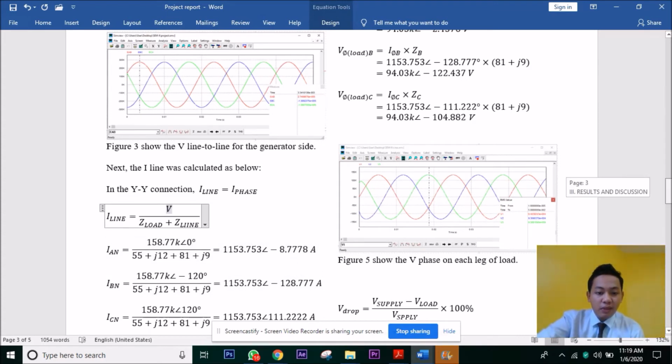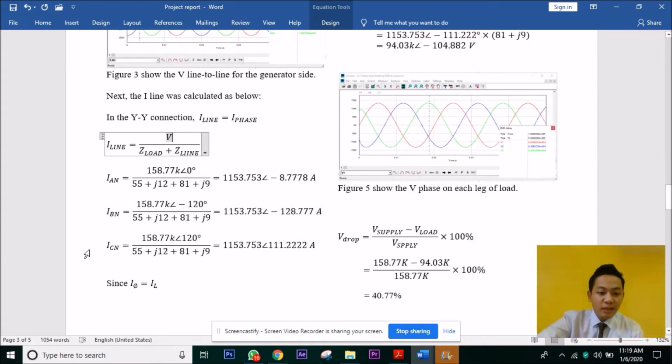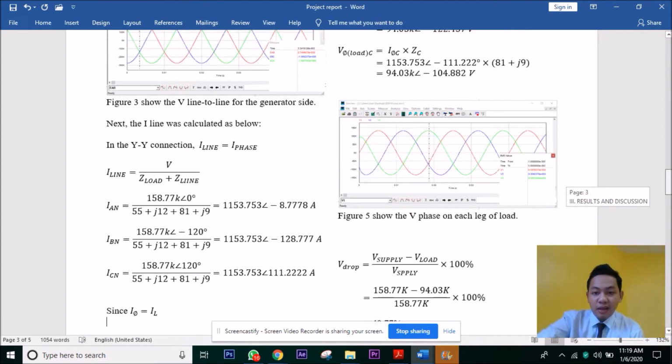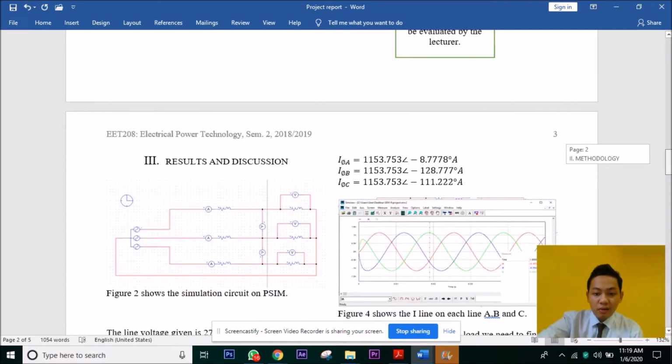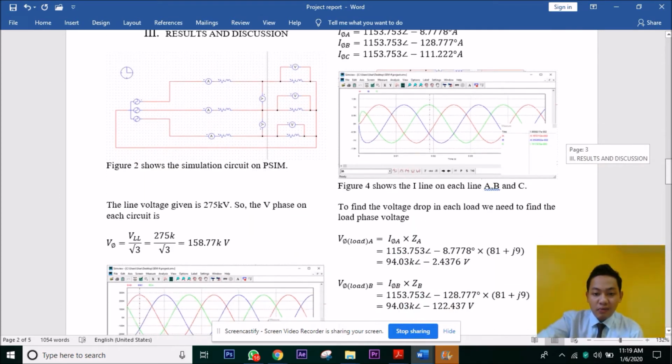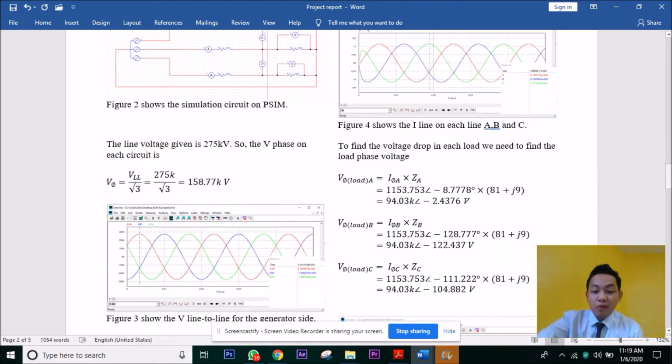What differs between IA, IB and IC is only the angle. Since I line equals I phase, we get the I phase value, same as I load.